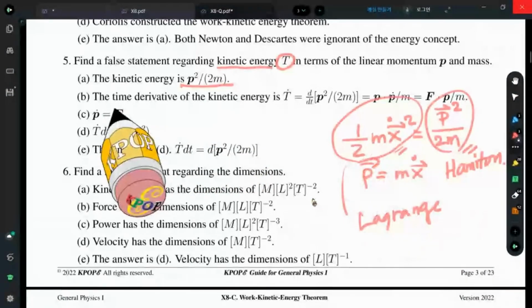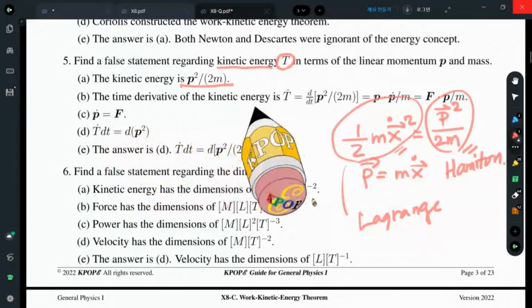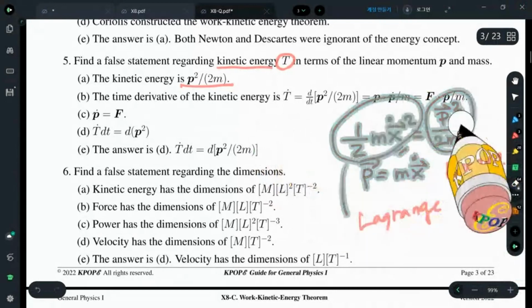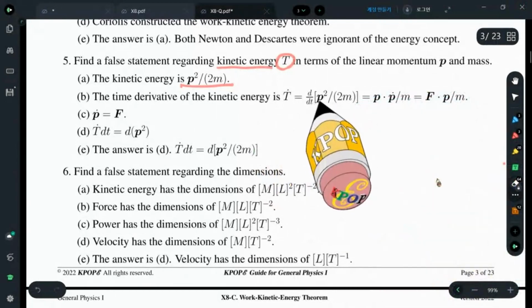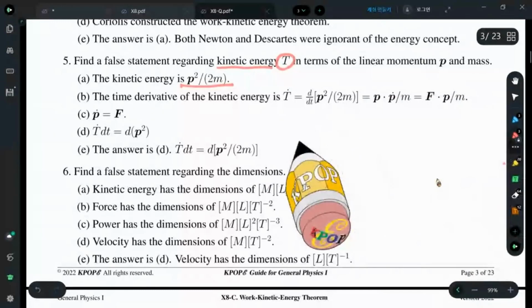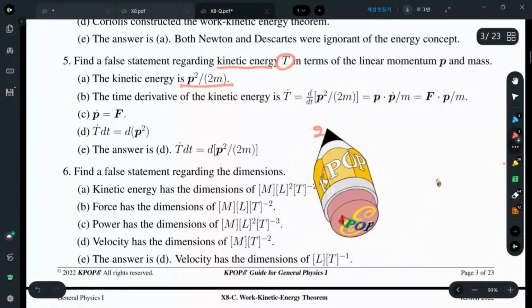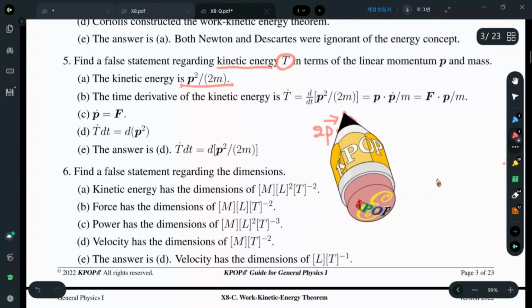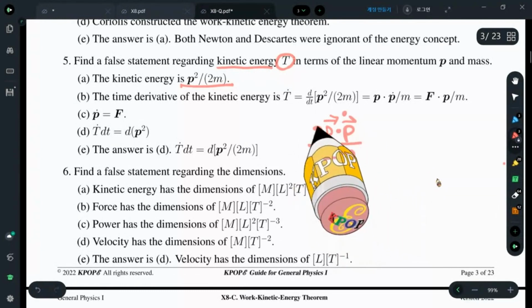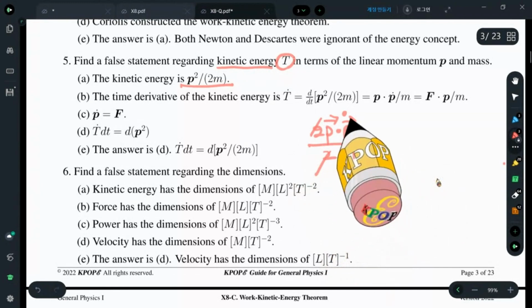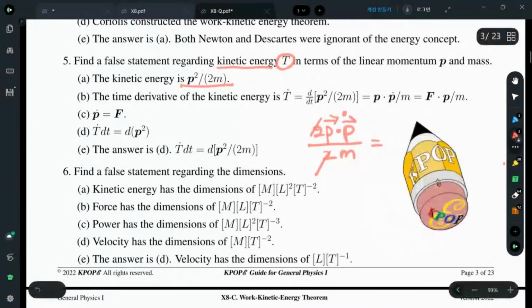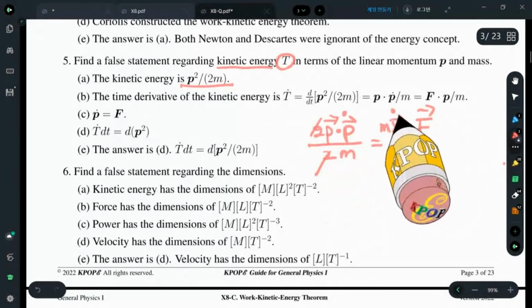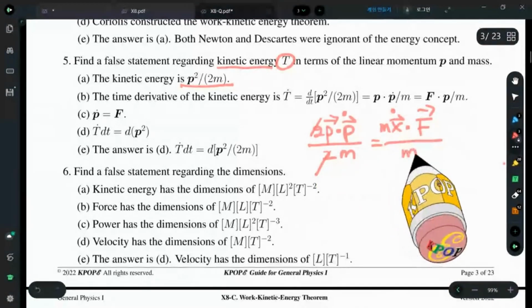They are the same. The time derivative of the kinetic energy, if I take the derivative, then 2p dot p over 2m, 2 cancels, and p dot is the force, and this is mv divided by m.